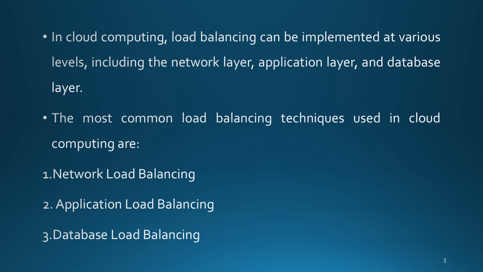Next type is database load balancing. It is a technique used to balance the workload across multiple database servers. It is implemented at the database layer and ensures that the incoming queries are distributed evenly across the available database servers.